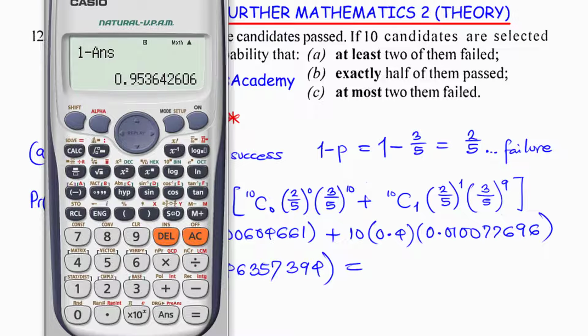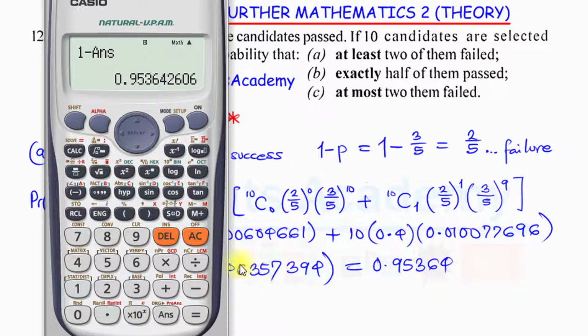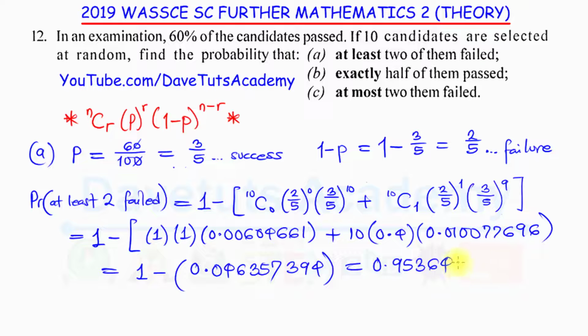That's 0.9536402606. So you can just take a suitable approximation. I think it will be sufficient to use 4 decimal places. So I will say this is 0.9536 as the solution to this particular question.